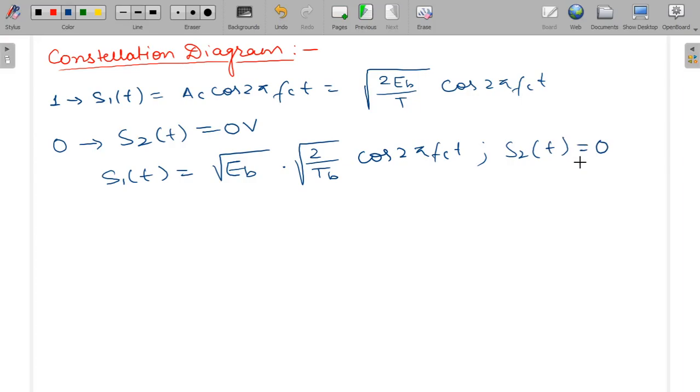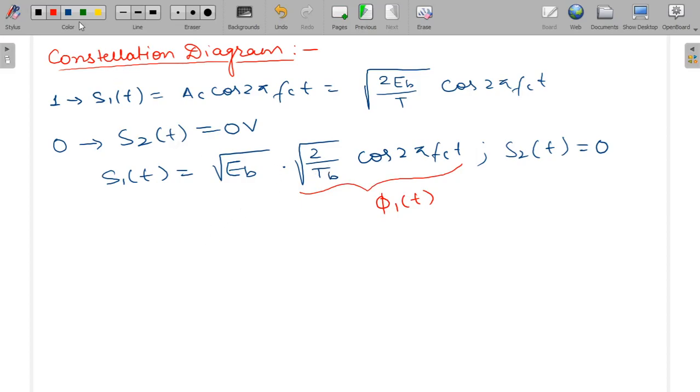Now when you see this root 2 by Tb cos 2 pi fc t, this is the orthonormal basis function. I will explain this in the next class, but for now you just assume this part as phi 1(t). Okay, so the energy of the orthonormal basis function is 1. Even you can derive that the energy of this part is 1.